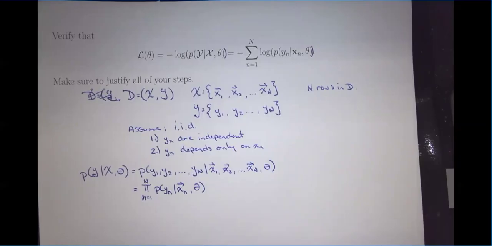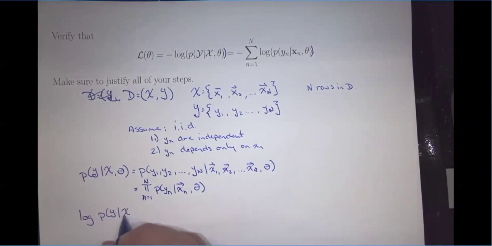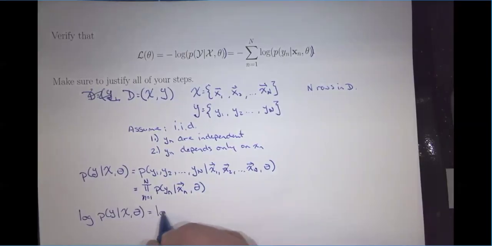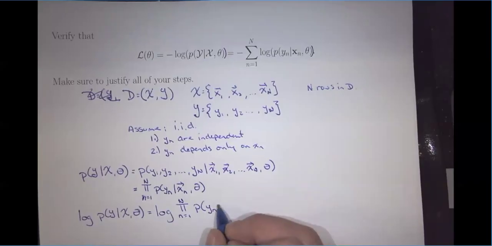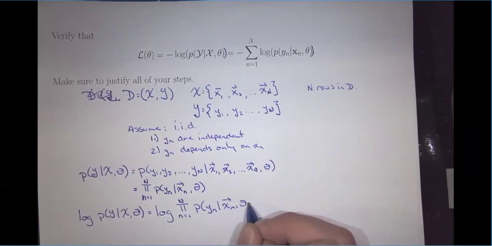And if we take logs on both sides, we look at the log of the probability of y given x and theta, we end up with the log of the product from 1 to n of the probability of the yn's given our xn's and theta.